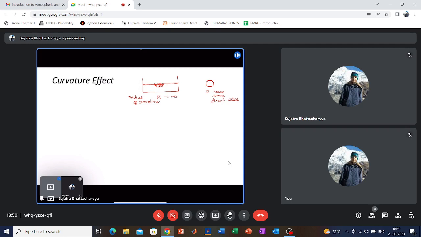Whereas here, very few water molecules are present attracting this particular water molecule. So it will easily go, because the bondings are less as compared to this. Therefore, vapor molecules will easily come out. And this force is actually the force of surface tension.